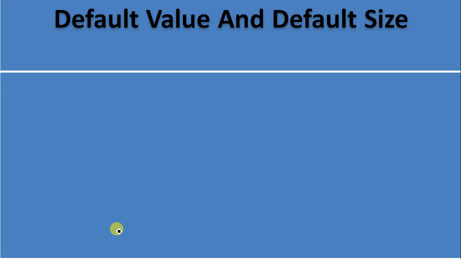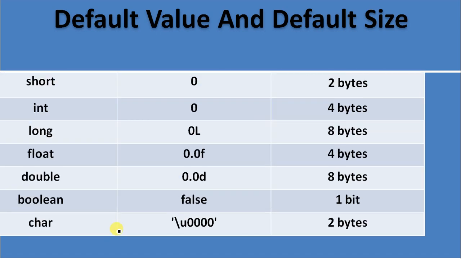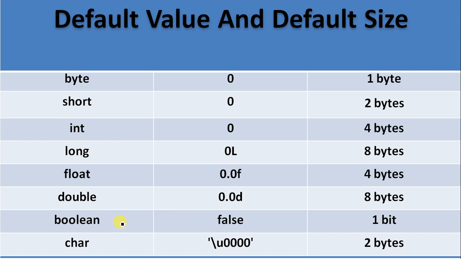Default value and default size for data types. So this is a chart. Here you can see the default value for byte is 0, and it takes 1 byte of memory. Default value of short is 0. Default value of int is also 0. Default value of long is also 0 with suffix l.